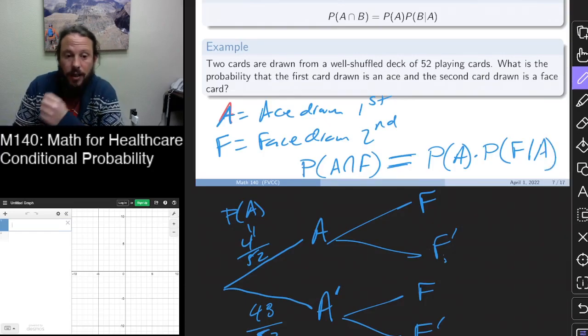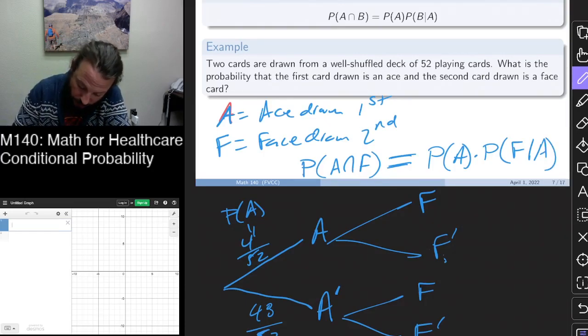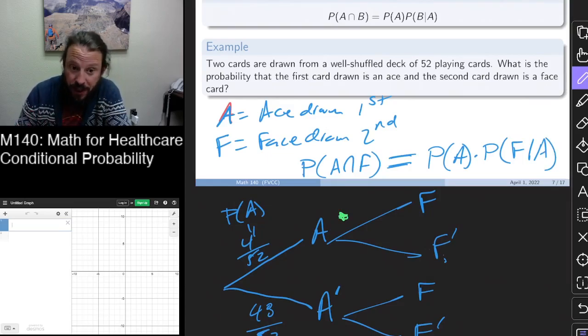So what I'm saying here, this edge right here, I want to fill in with, I'm thinking I already picked an ace card. Now what's the probability of getting an F?